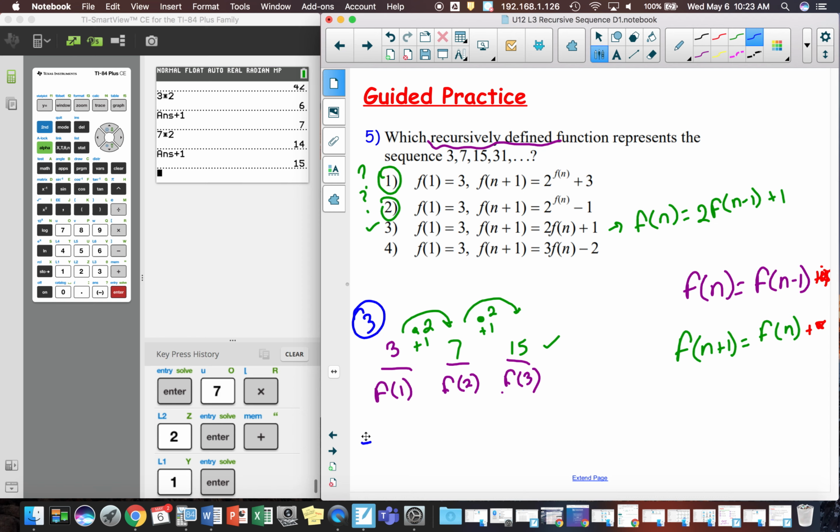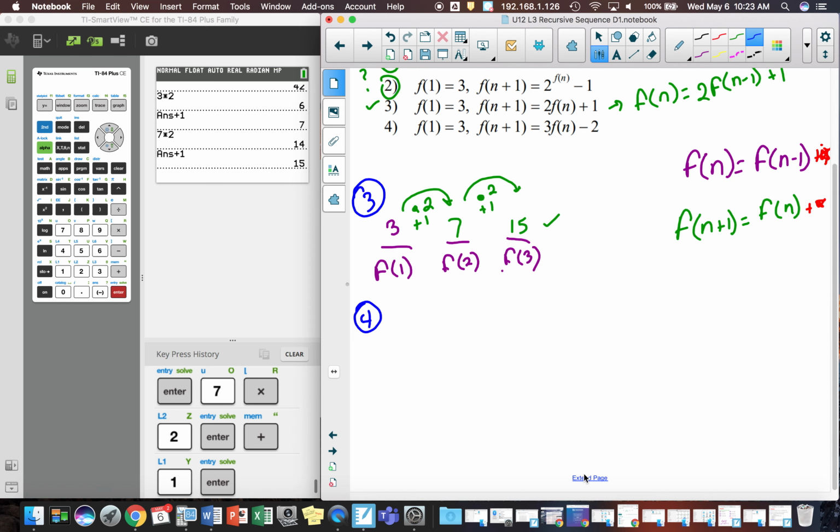So answer choice 4 is going to be down here. So we have f of 1, f of 2, and f of 3. Okay, so we start off with our first term, which is 3, and we find our rule.